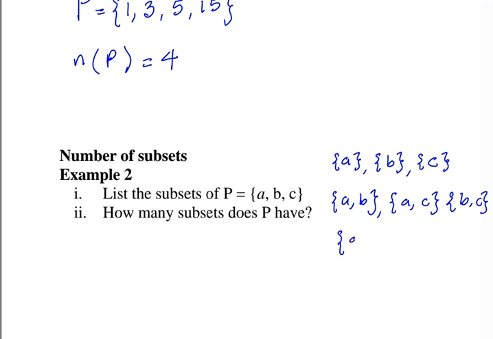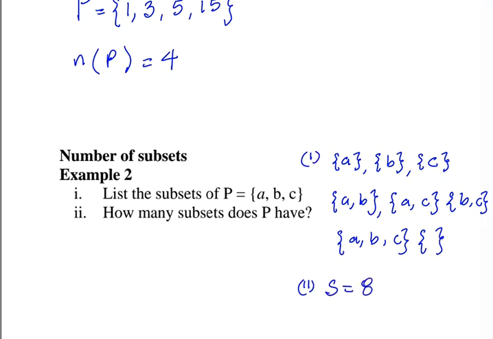And the set A, B, C would also be a subset. And the null set would also be a subset. And so we're asked how many sets do we have? So the number of subsets S is equal to 8.